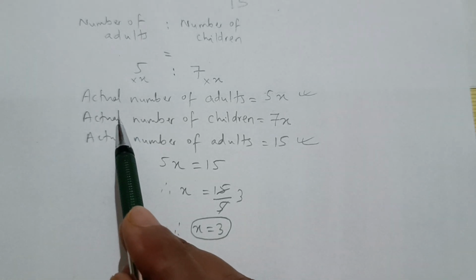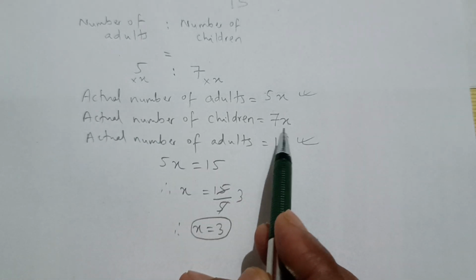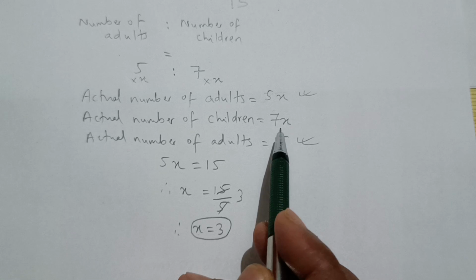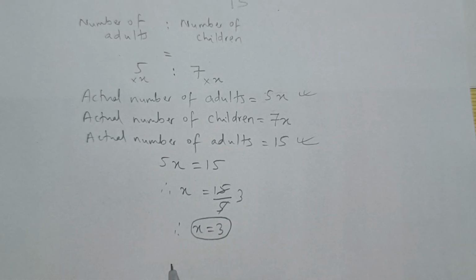Now I am saying that the actual number of children in the bus is 7x, and the value of x is 3.